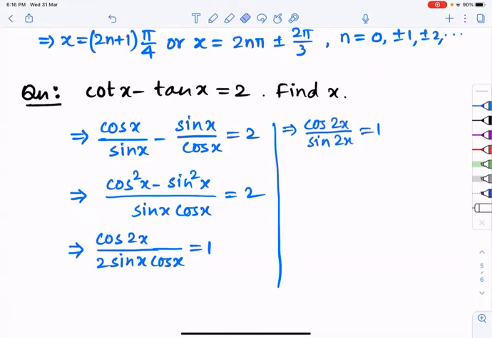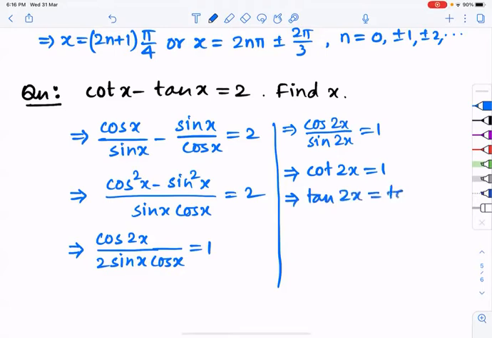Cos 2x by sin 2x is nothing but cot 2x. So I will get cot of 2x is equal to 1, and 1 can be written as cot of pi by 4, or I can even convert into tan, because I know the formula for tan. This is tan 2x equal to 1, which is tan of pi by 4.